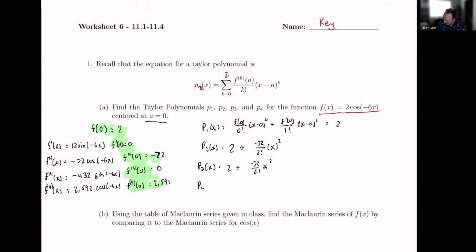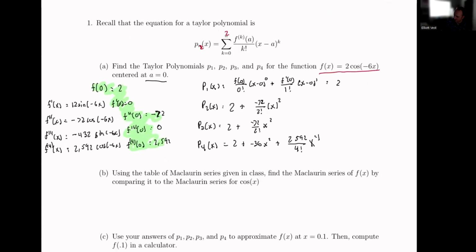And then I'll do P4, which is P3, 2 plus negatives. I'll simplify this. This is negative 36 x squared plus 2592 over 4 factorial x to the fourth. Nice. All of our answers are centered at 0.